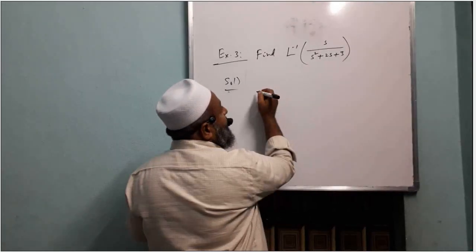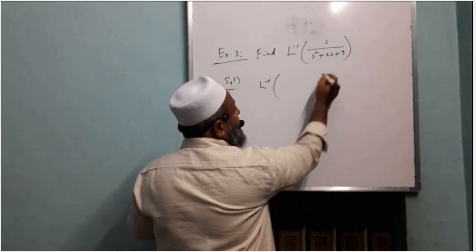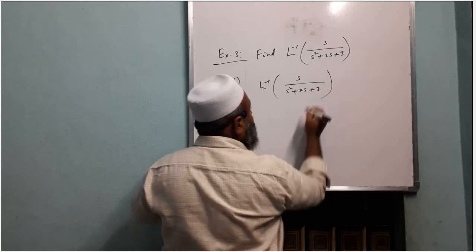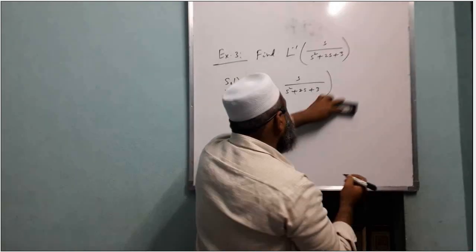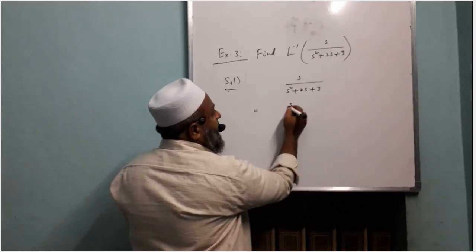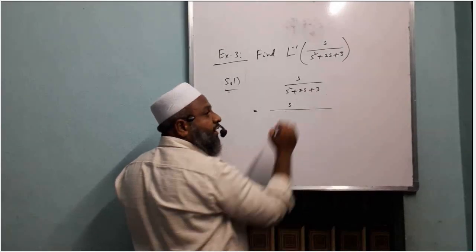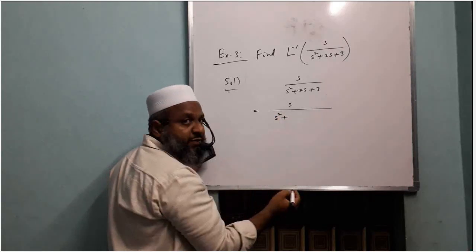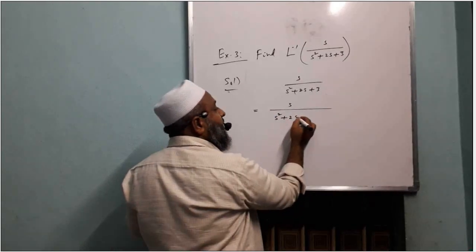So what we now do is L inverse of s by s square plus 2s plus 3. So first of all, to find that inverse, I will make it in a suitable manner like this. S by, you try to make up the perfect square from this. It is like a square and it is like 2ab.